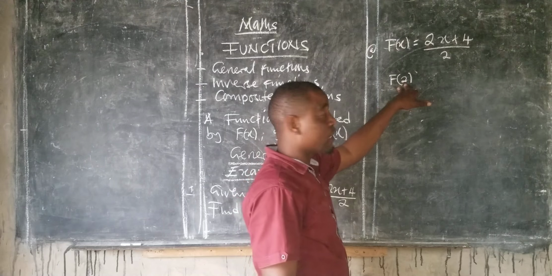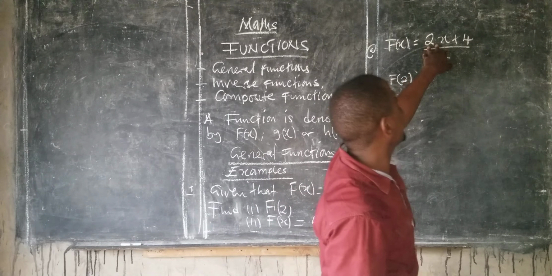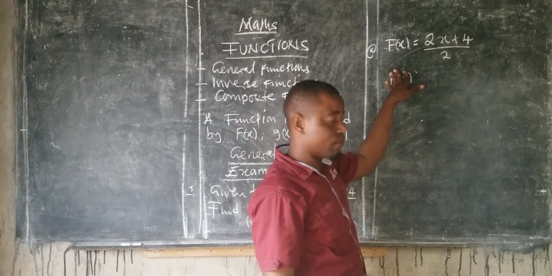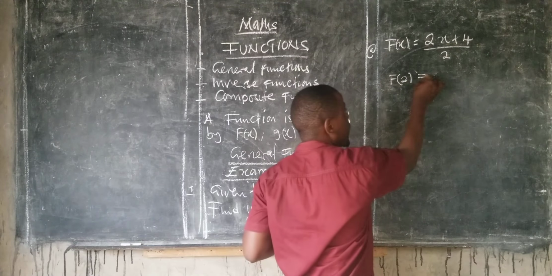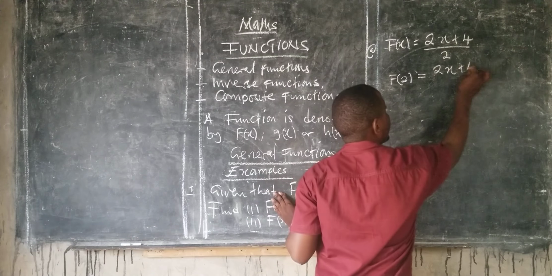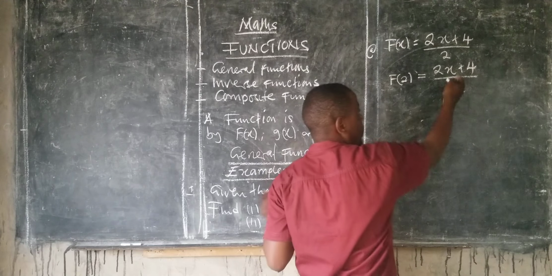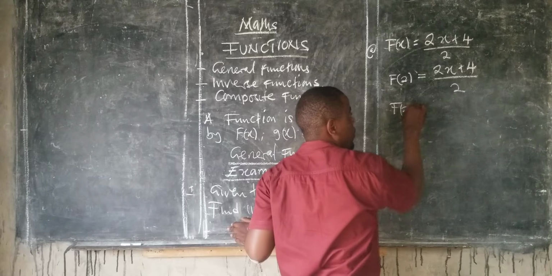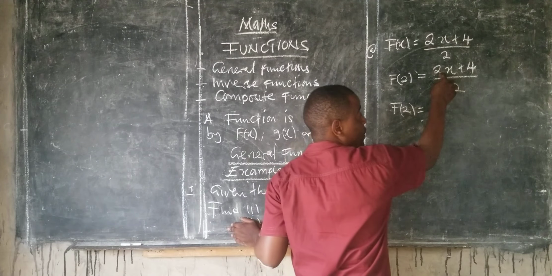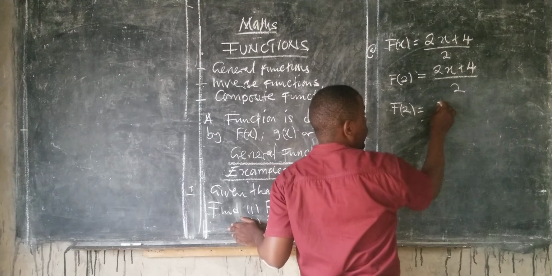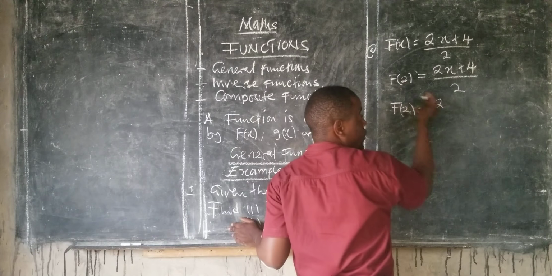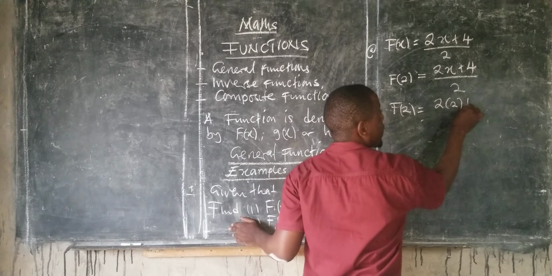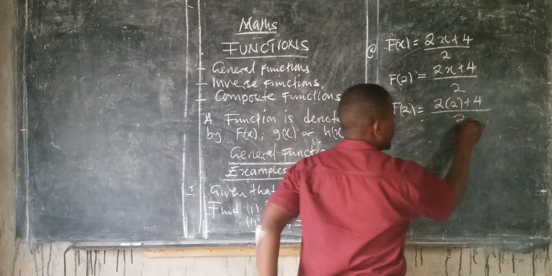This entails that in this function, where there is x, replace it with 2. So f(2) is equal to 2 times 2, where there is x, plus 4, all over 2.